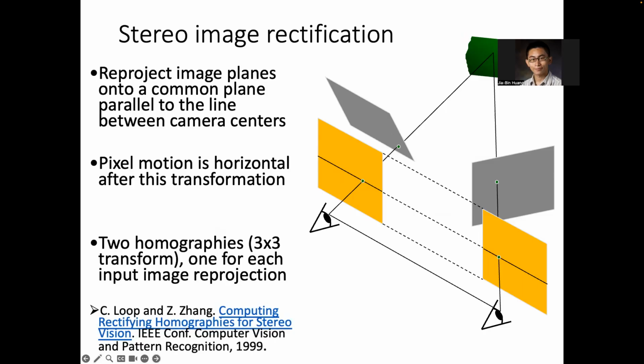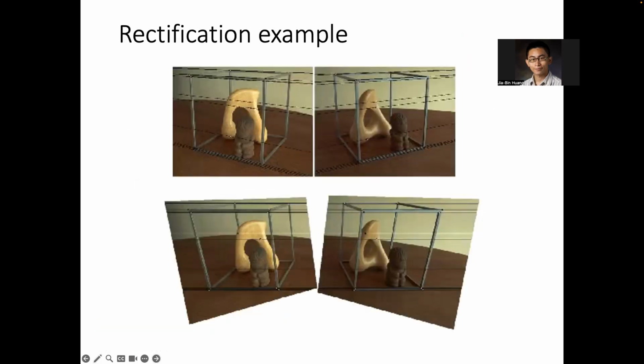I don't want to go into too much detail here. But here's the effect of this. On the top row, you have images that are not parallel to each other, and therefore the epipolar lines could be oriented in different ways.